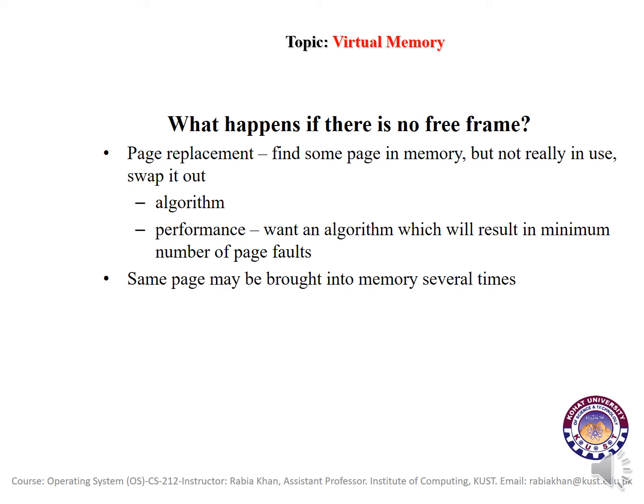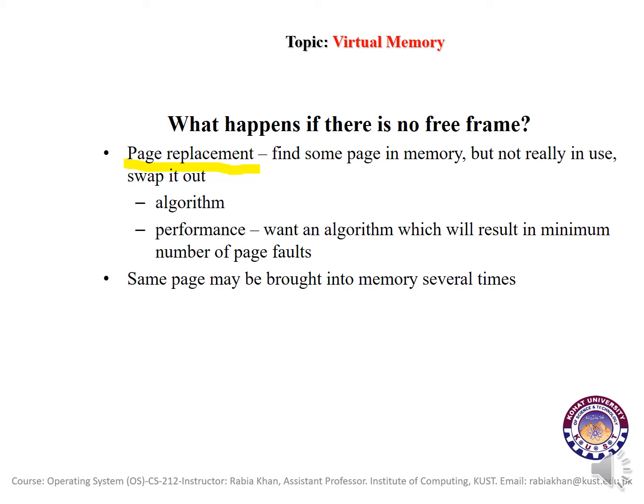Now this is the time that the operating system has to initiate page replacement. Page replacement means that the operating system has to swap out one of the pages located within RAM to secondary storage and swap in the required page at its place.